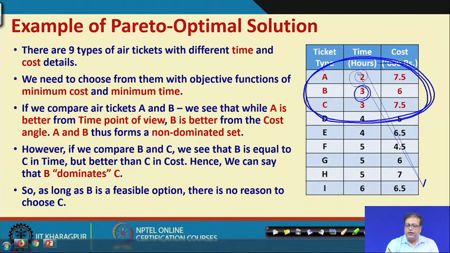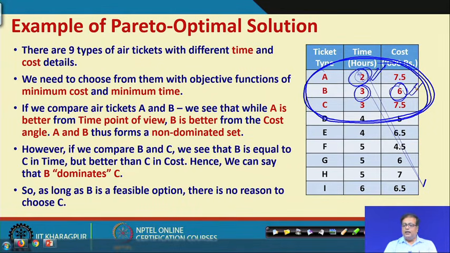So, which one is better? A is better. With regard to cost, again which one is better? B is better. So, you can see that you cannot say that A is better than B in all respects. A is better than B in time, but B is better than A in cost.